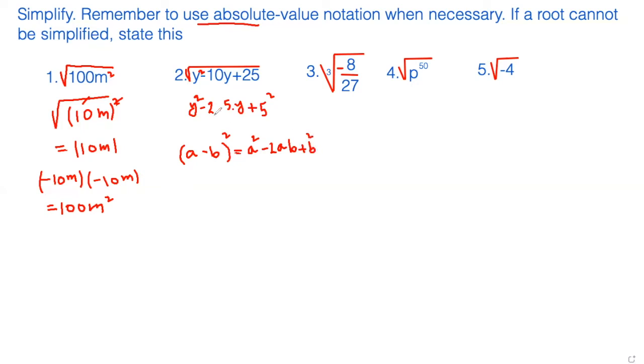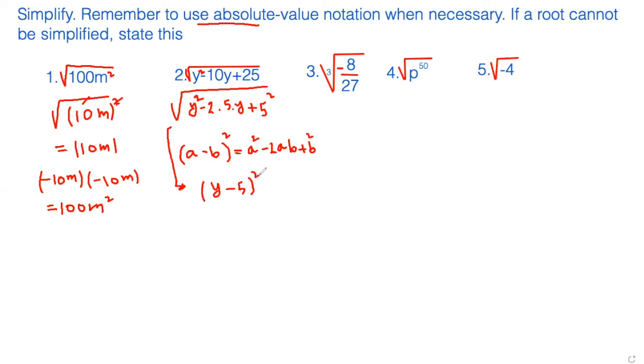So I wrote down this whole expression, breaking it down as if it looks like this formula, because I'm going to use this formula now. So this y is my a, and 2ab is 2 times 5 times y here, b is 5, and b² is 5². So from here, I can write it as (y minus 5) whole squared.